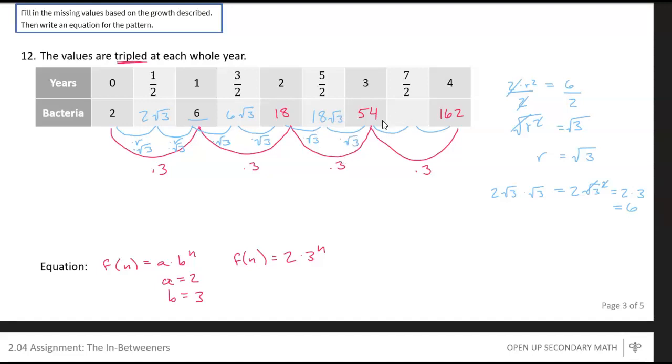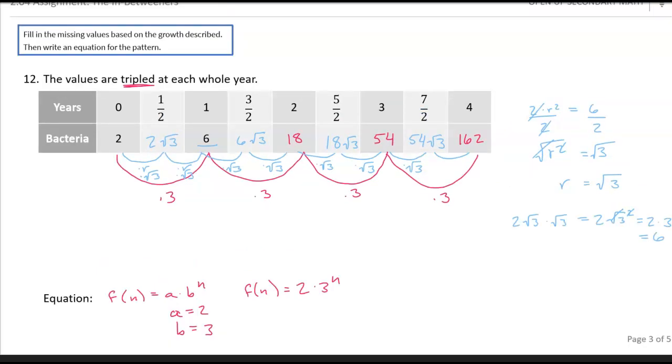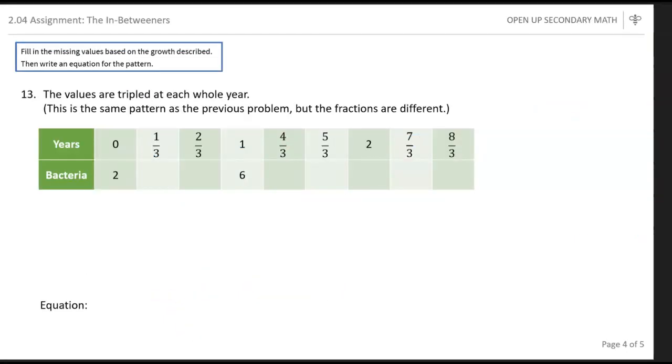Multiply by root 3 again, we get 54, because 18 times root 3 will be root 3 squared. The square root and the square will cancel. We get 18 times 3 is 54. One more step, we get 54 root 3. So that fills in everything we needed to do here. We have our table filled out, we have our equation, and we can move on to the next one.